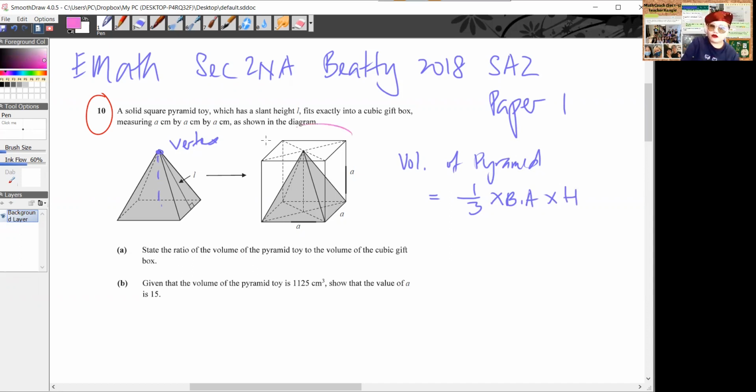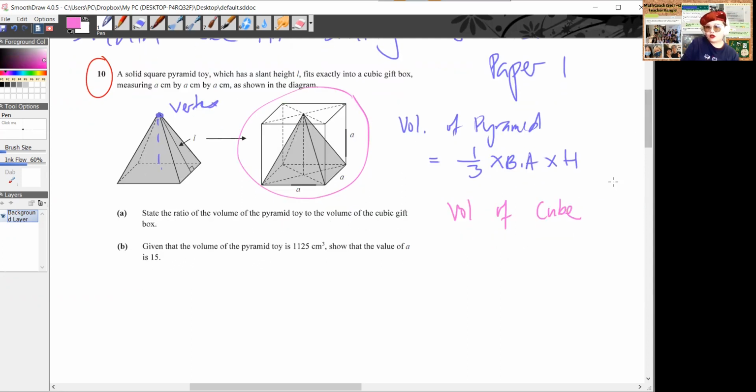And do you know that a volume of a cube or a cuboid is actually, for this case, a cube, it will be base area, which is in fact length and breadth, and multiply by the height. So if you notice these and these, they are the same. The only difference is with a difference of a 1/3.